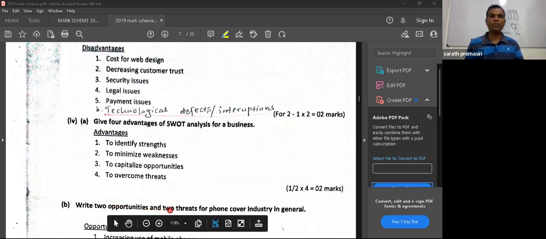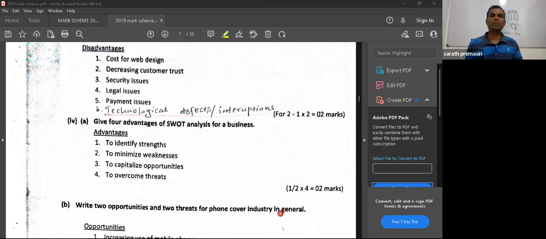Write 2 opportunities and 2 threats for the phone cover industry in general. Now, the most important words are in general. It is not related to the given statement, or it is not related mostly to the given passage. In general, what are the opportunities and threats related to phone covers?